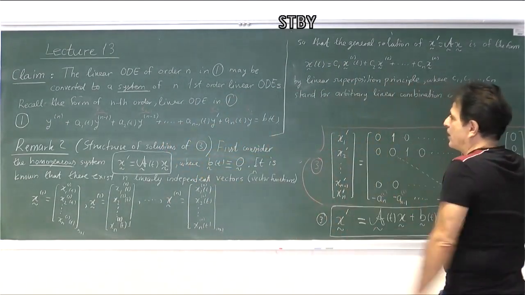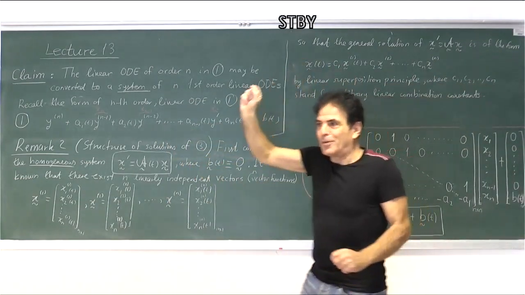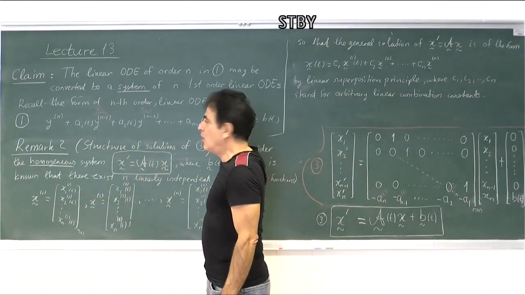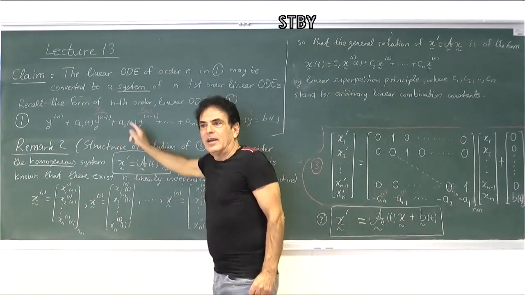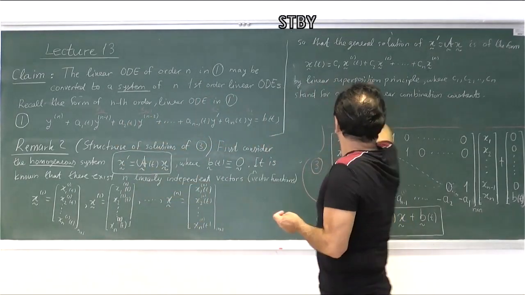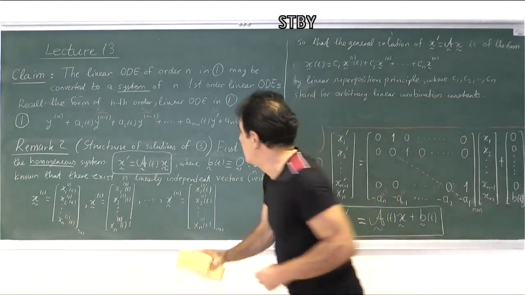If we know the solution of the system, the first component is nothing but the required solution y of our nth order linear ODE.